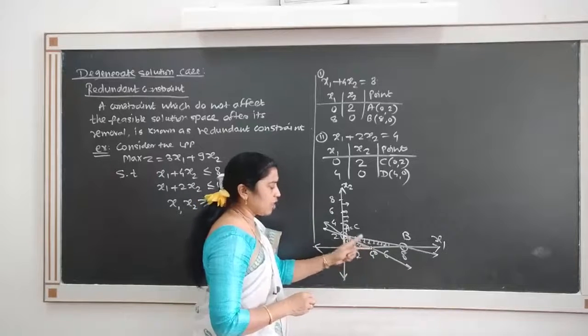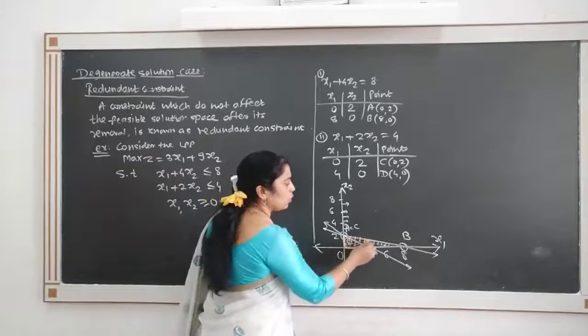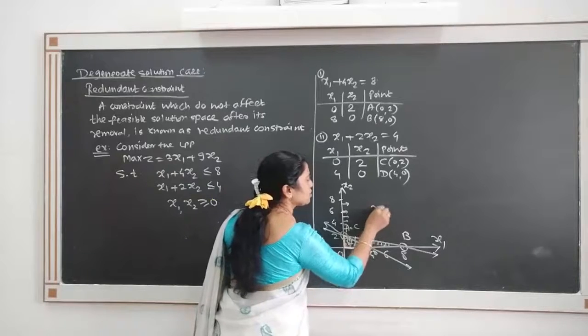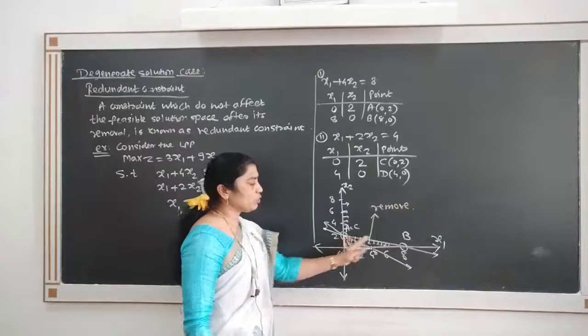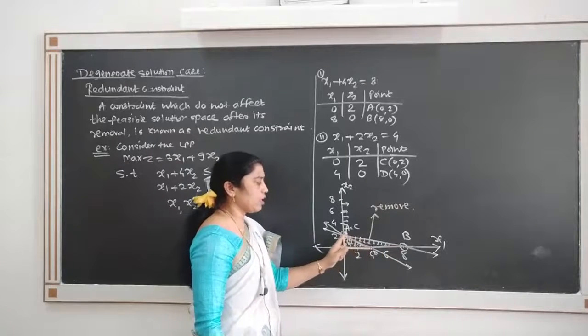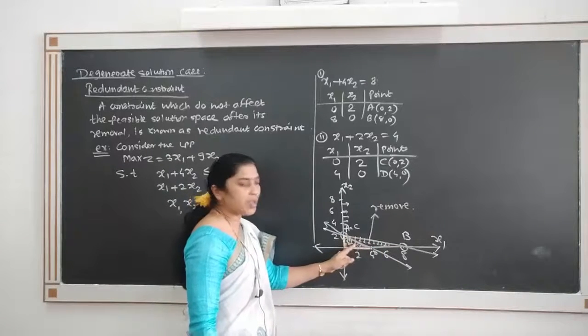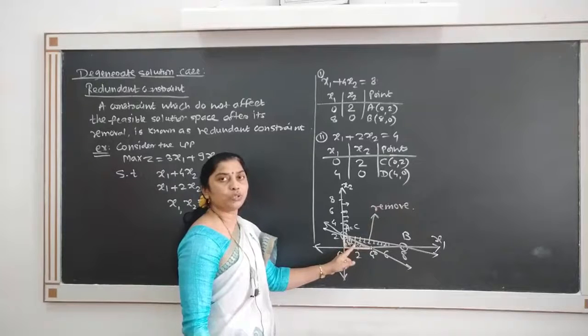Observe that even though you remove this constraint, that is even though you remove this line AB, that does not affect the feasible solution space.